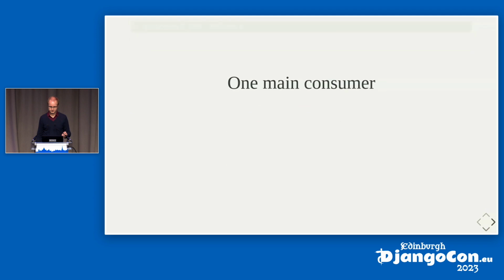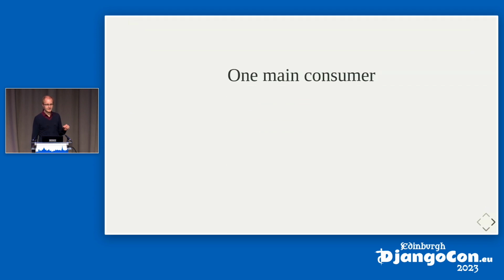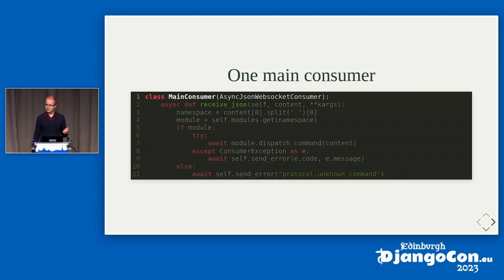On the back end, we basically have one big consumer. As a reminder, that's basically our view. This is weird because in a regular Django application, you wouldn't usually have everything in one view. But it's all hooked up to the same WebSocket URL that the client connects to, so it's one consumer. The main thing that this consumer class does is to parse the wire protocol we've just seen.